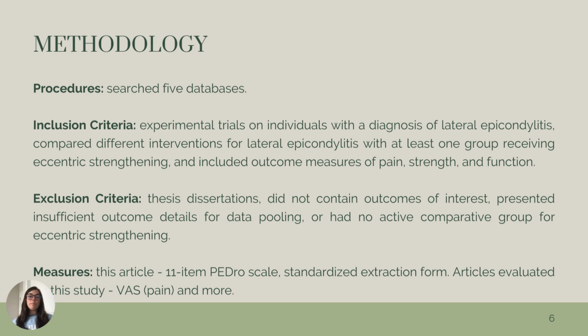And then for measures, this journal article itself uses the 11-item PEDro scale and standardized extraction form. And then the articles that were evaluated in this study used multiple, and in the next slide I'll show you what they used, but all of them used the VAS pain scale.